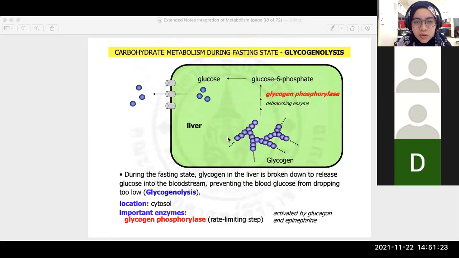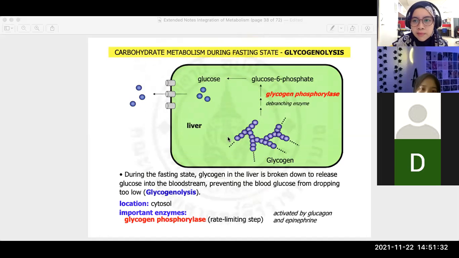All right. Okay, so in fed state, it's about taking up the glucose that is inside our blood and absorbing it or uptaking it into our cells, for example the liver cells, for storage. But fasting state is where we want to increase the blood glucose level back, right?